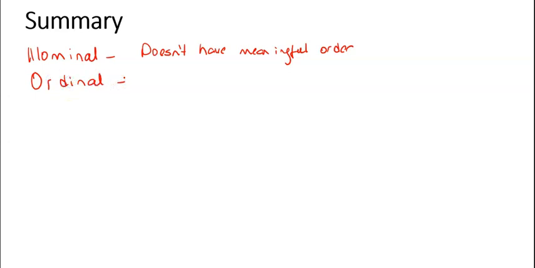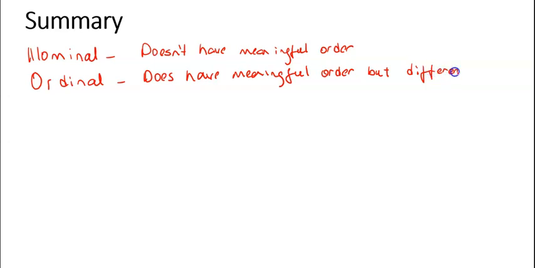Next was ordinal scale data. Ordinal scale data does have a meaningful order, but the difference is not measurable. And the next one is interval scale data.